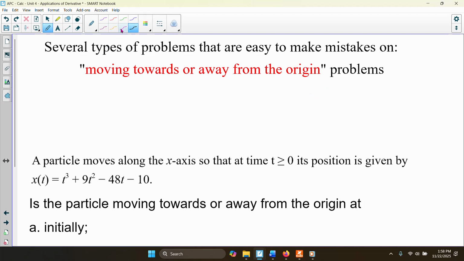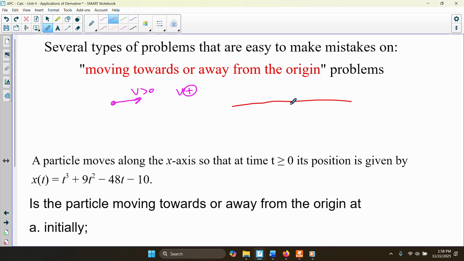As an example, if you know that the particle is moving to the right, in other words velocity is positive, greater than zero, is the particle moving away or towards the origin? You could pause and think about it, but upon a little reflection, you should realize that's not enough information. You need to know where you physically are.